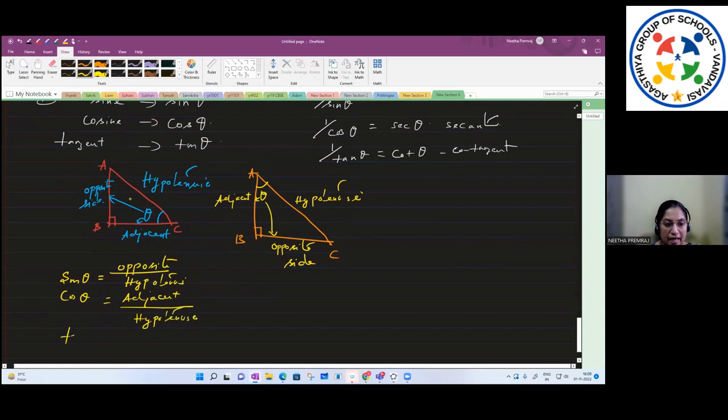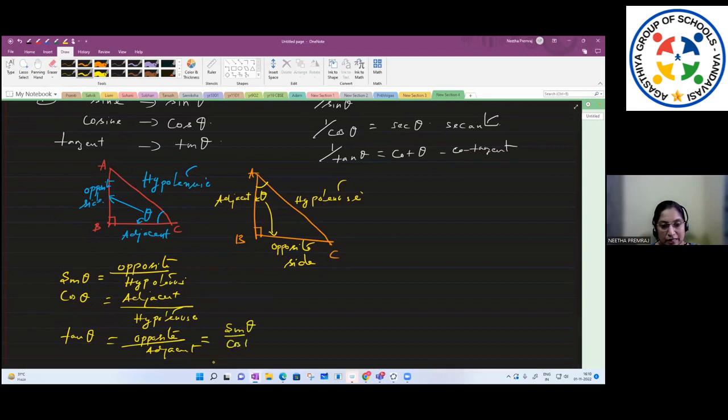And tan theta is opposite by adjacent. This is a formula, but tan theta you can also write as sin theta by cos theta.